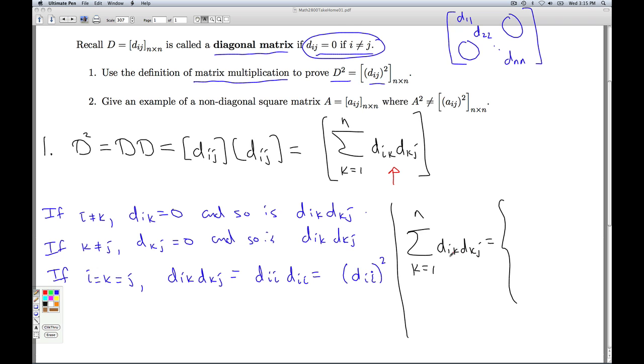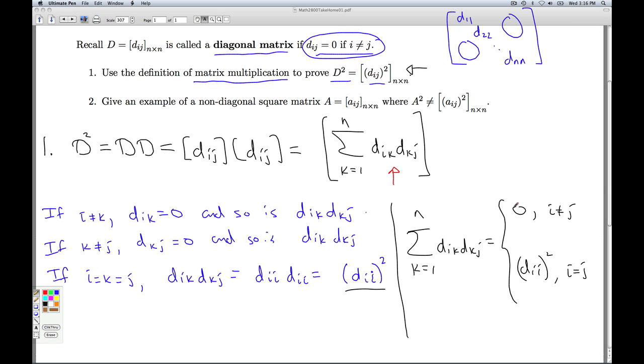Because even if the k matches with the i, the k at that point won't be matching with the j, and vice versa. So this is going to be 0 if i and j are different. And if i and j are the same, well, that's this scenario, and that just gives me d_ii squared. And this is what I need then to conclude the proof.